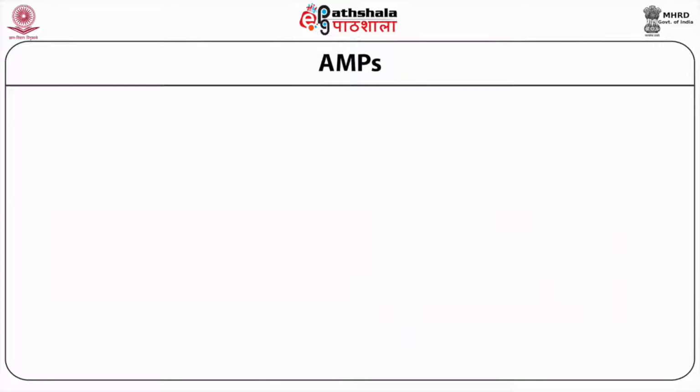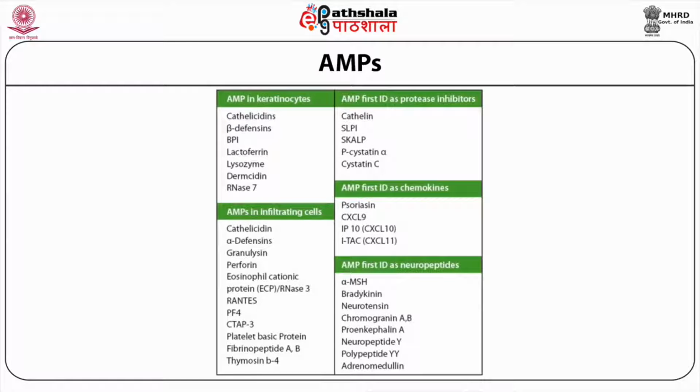It is believed that we may not have yet discovered all antimicrobial peptides. However, this table shows a more exhaustive list of AMPs and their functions. The idea is to make you realize that the list is very large and we may even discover more of these in future.